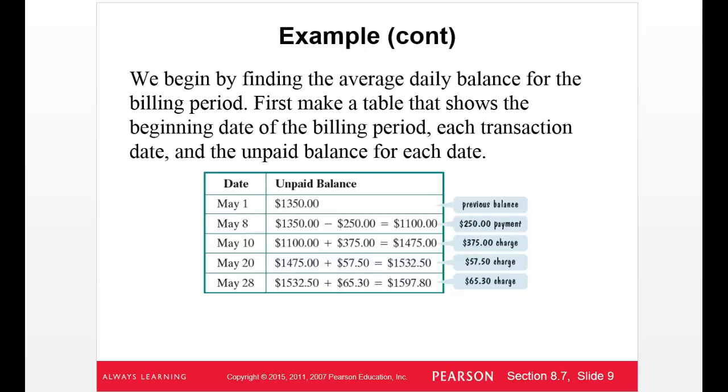And then after the payment it was down to $1,100, so it was only that for 2 days. And then on the 10th we made the charge and we're up to $1,475, and then 10 days later we've got another $57.50 added on. So for 10 days we were at $1,475, and then for that last charge, for 8 days we're at $1,532, and then for the last 3 days of May we were at $1,597.